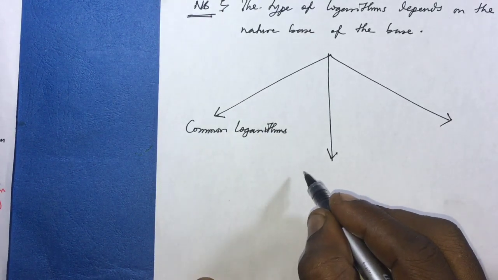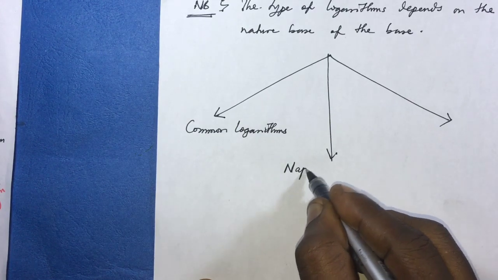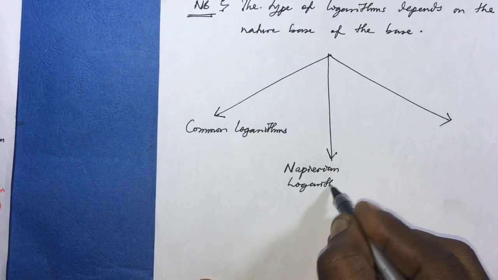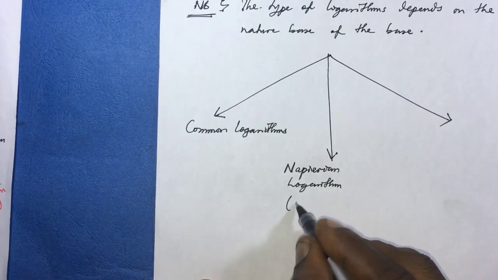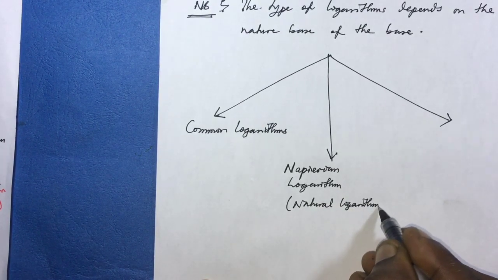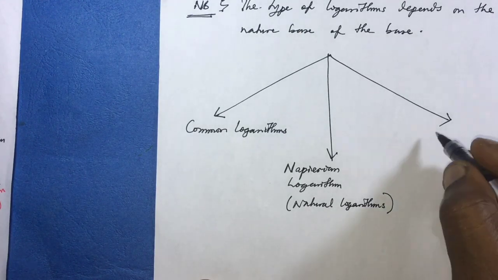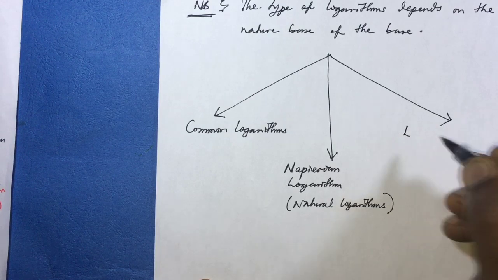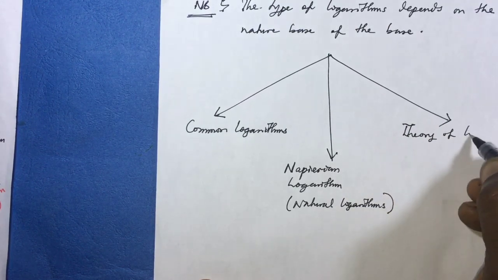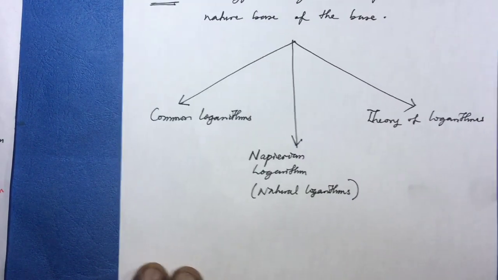The second type of logarithm is called Neperian logarithm, also called natural logarithms. The third type of logarithm is called theory of logarithms. Now I'm going to explain the difference between these three.